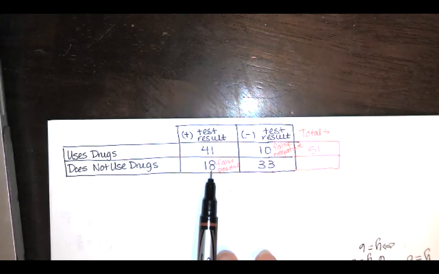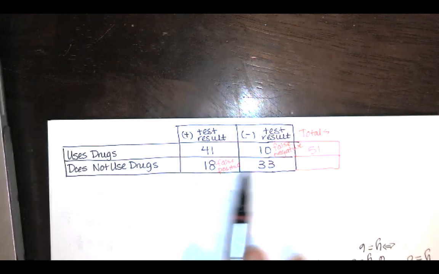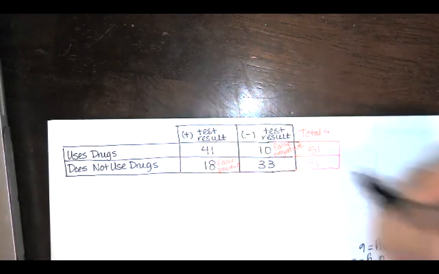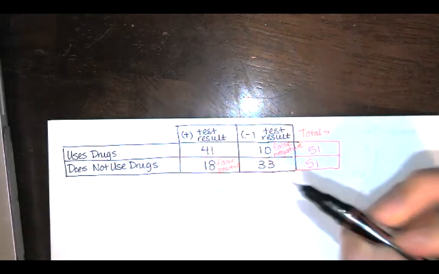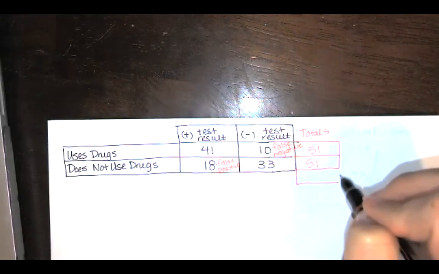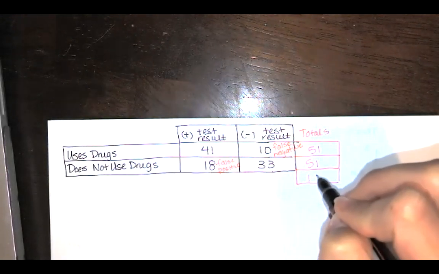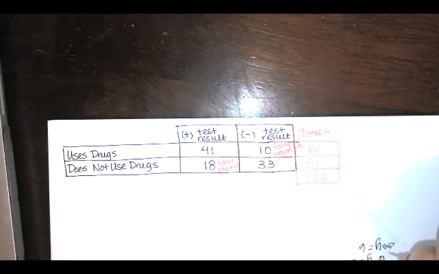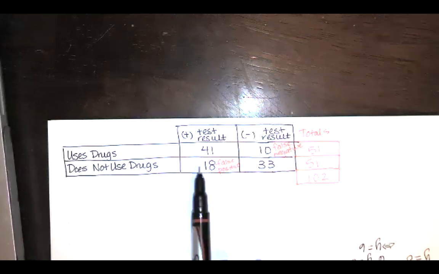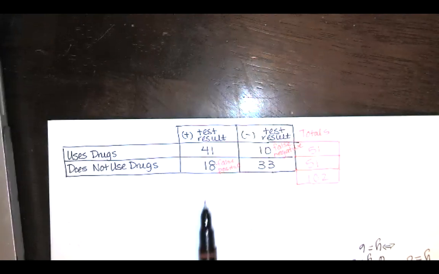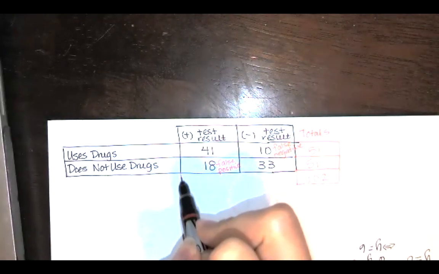And then we had 18 plus 33 people that did not use drugs. 18 and 33 also happens to be 51. So if we had 51 that used drugs and 51 that didn't, that means there were 102 people total. Now, just to check, I like to add up the totals in the columns as well.